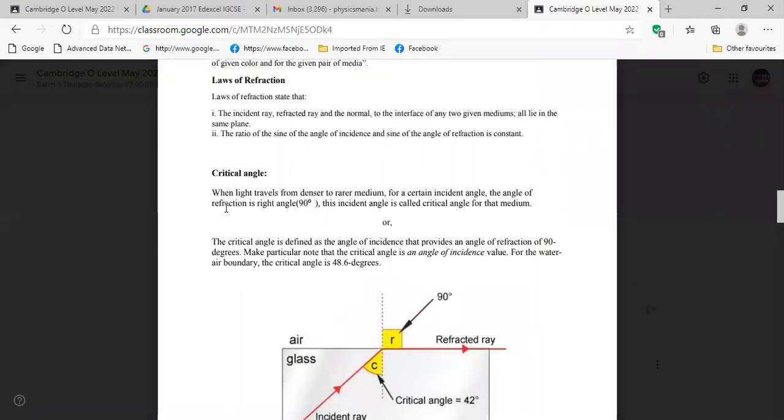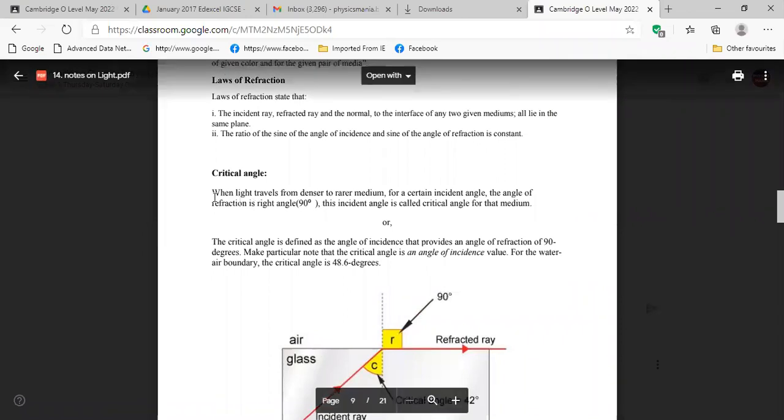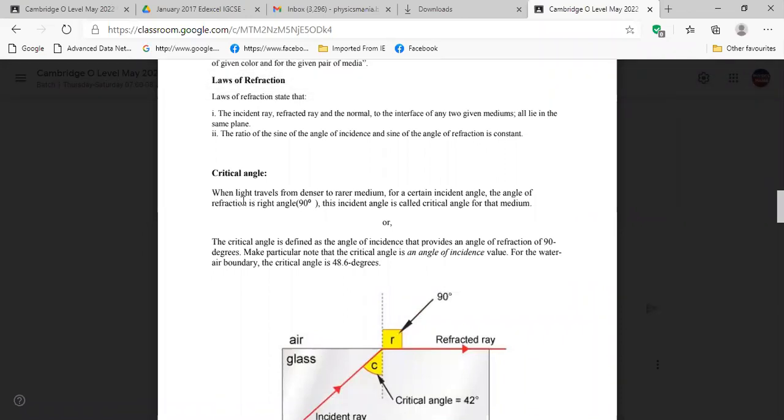I found mine. So, what is the critical angle? Here is the definition: when light travels from a denser to a rarer medium, for a certain incident angle the angle of refraction is a right angle. This incident angle is called the critical angle for the medium.